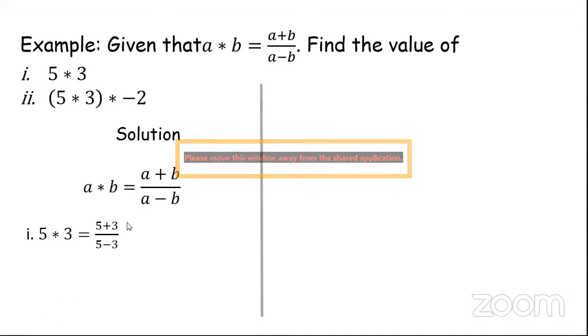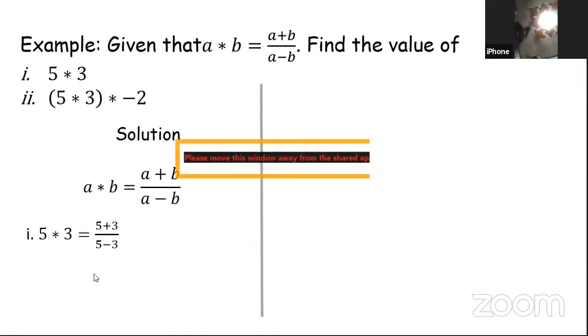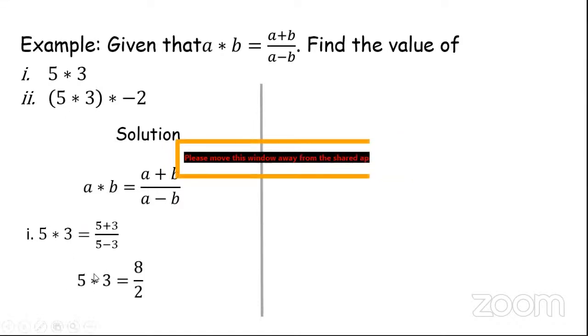So when we get 5 plus 3, what did we get? 8. So 5 plus 3 would be 8 divided by 2. And that gives us 4.